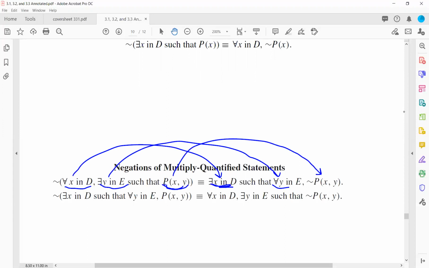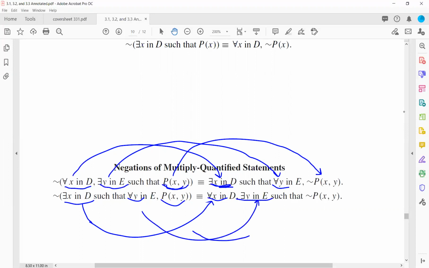What if we want to find the negation of there is x for all y, P of x and y? In this case, you're negating each of them from left to right. The negation of for all is there exists, and the negation of the original statement is going to be not P of x and y.